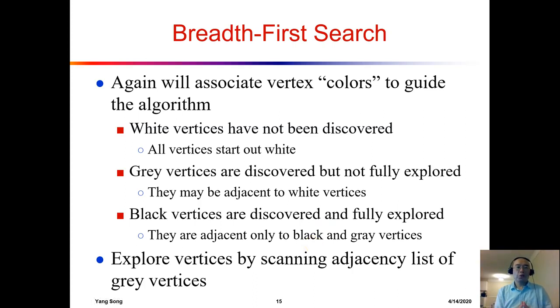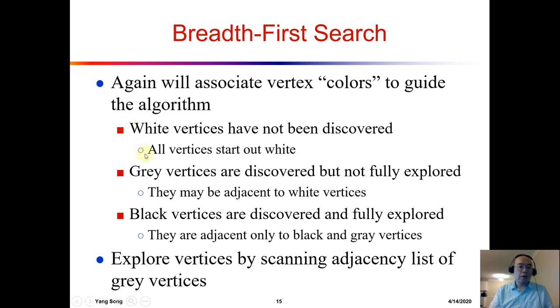So when we are doing the breadth first search, the strategy is we want to associate each of the vertices with a color. So the definition of this algorithm is if we are coloring a vertex white, then it is just an unvisited node yet.